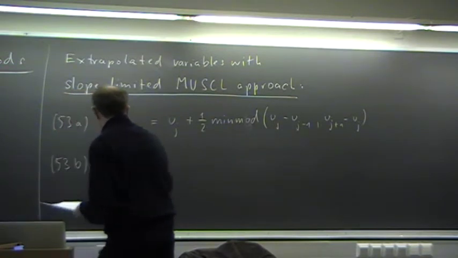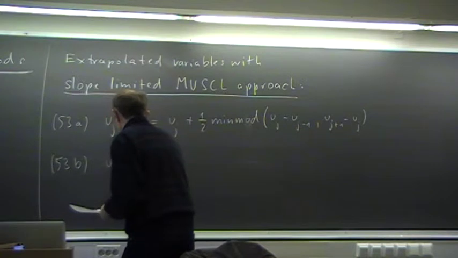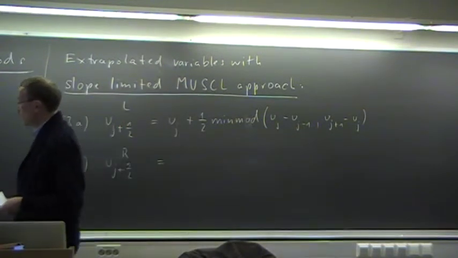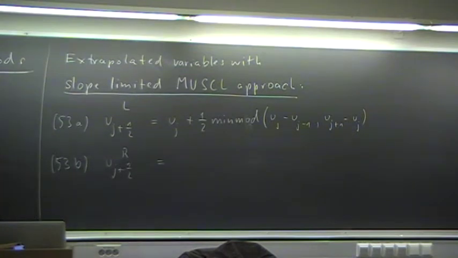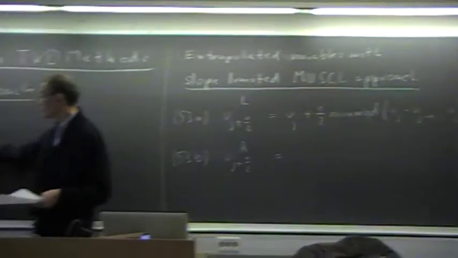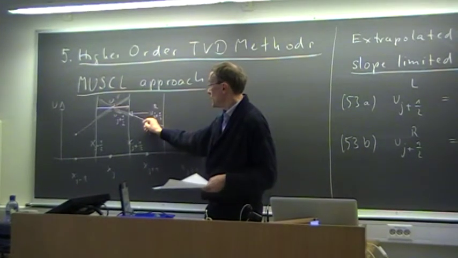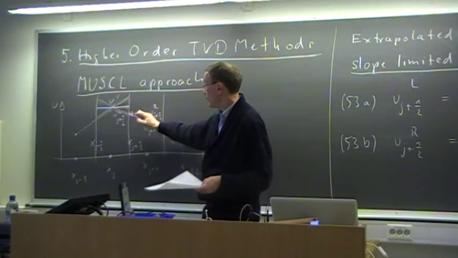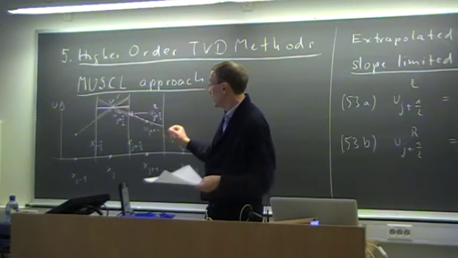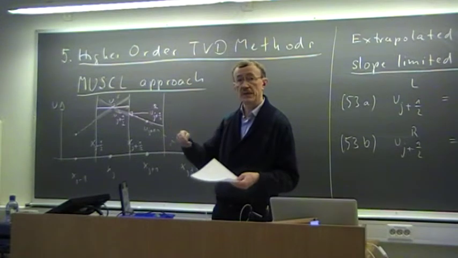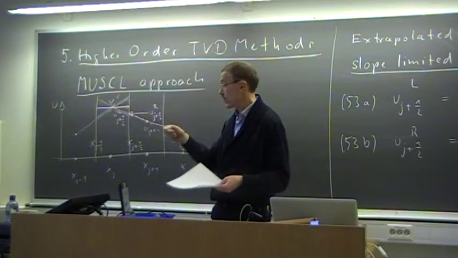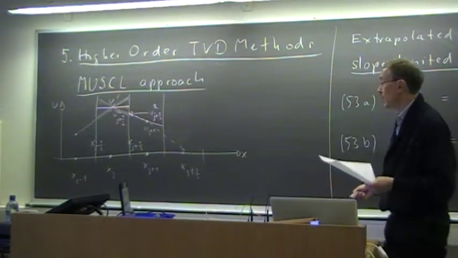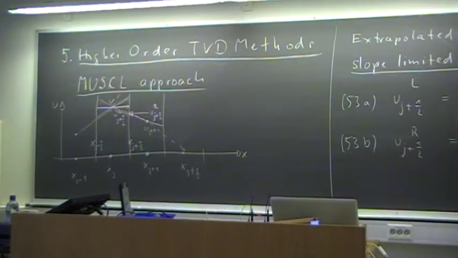And then the one from the right, uj plus 1/2, extrapolated from the right, starts from the value uj plus 1. And that will then take minus 1/2 times the difference, or I could say also 1/2 delta x multiplied with the slope. But the slope is just the difference divided by delta x, therefore we can cancel the delta x like we did here.